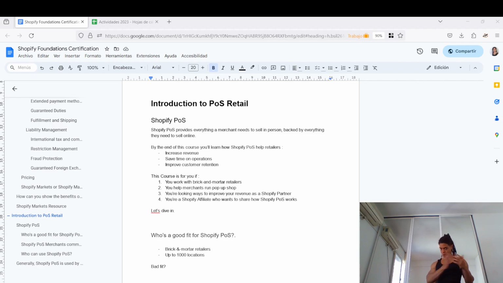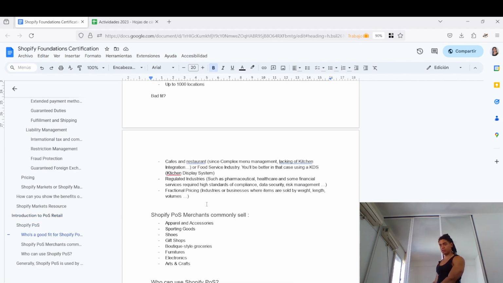It's only for these brick and mortar locations. Any business that uses fractional selling, or fractional pricing as they mentioned here, meaning a business that sells items by weight, size, length, and volume, among other features that use fractions, this is not a good solution for those businesses.